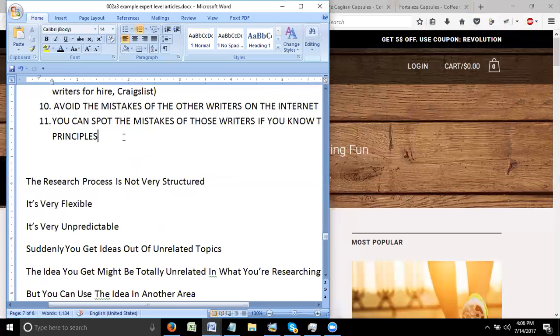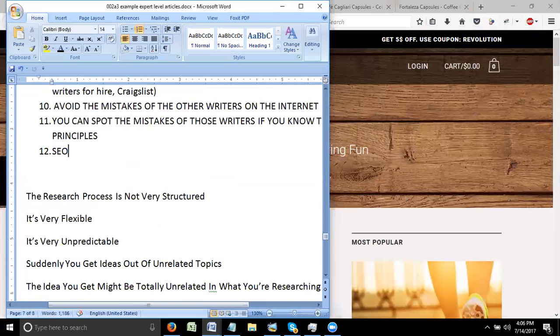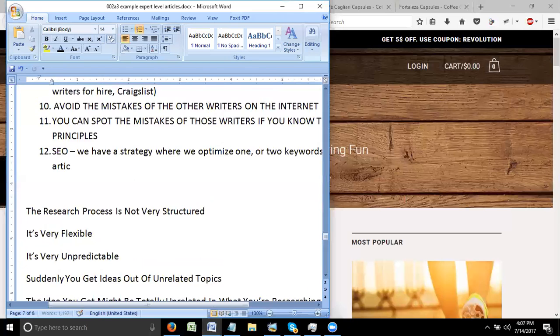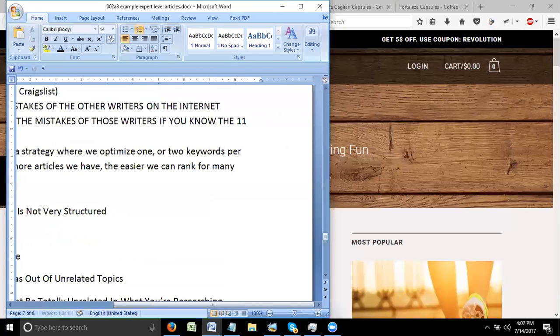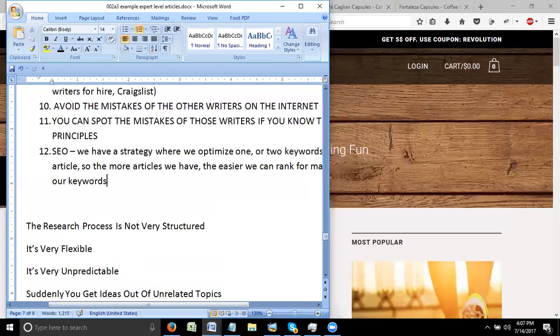And one of the reasons that we want to make a long outline is because in SEO, we have a strategy where we optimize one keyword, actually 1 or 2 keywords per article. So the more articles we have, the easier we can rank for many of our keywords.